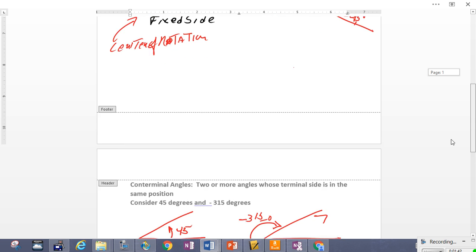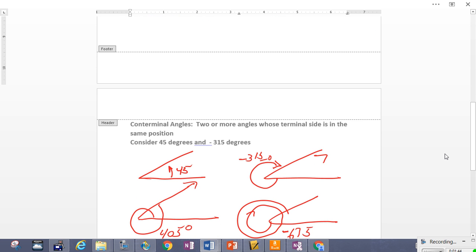In that instance, we don't have to be limited to an angle of less than 90 degrees, less than 180 degrees, or less than 360. We can have any size of angle that we want.